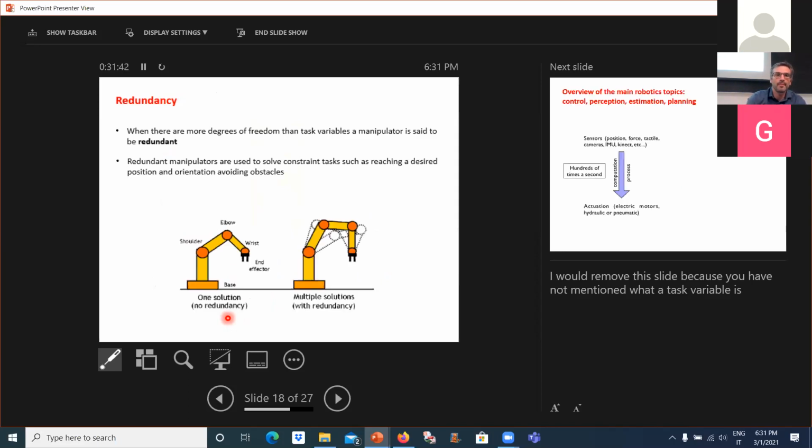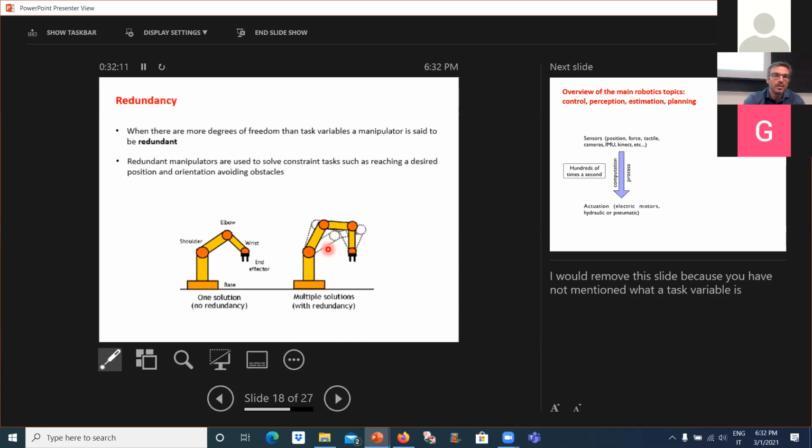So you see, you have many different ways to achieve this position and orientation. And if you have an obstacle here, you can avoid it, playing around with the additional degrees of freedom. Here you have only one solution. You have no redundancy for this position and orientation. Here you have multiple solutions, and you can either use them to avoid this obstacle or to improve dexterity and mobility in the manipulator.